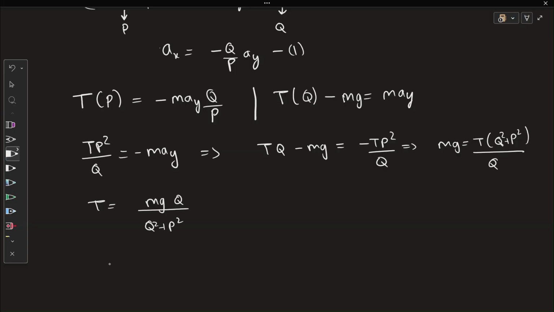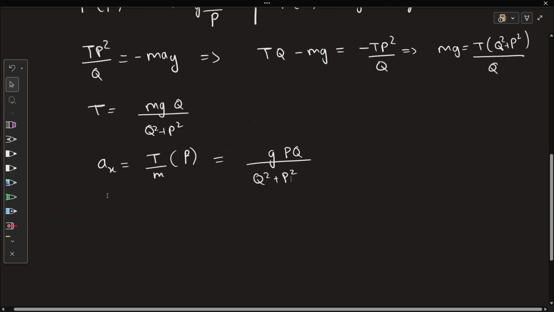Now all I want is ax. So ax is nothing but T by m into p, so mg into pq by (q square plus p square). If I divide by m, I will not get this m. So g into pq by (p square plus q square) is ax.